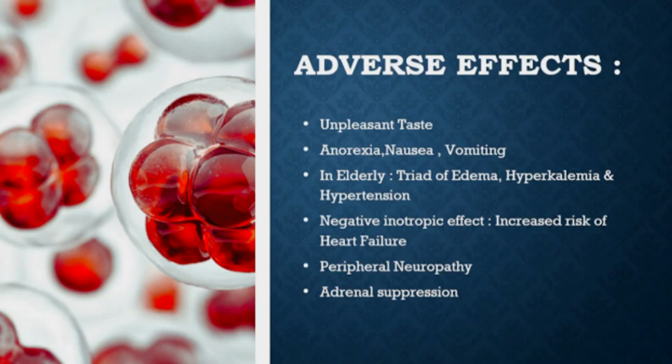Some adverse effects which we all should be aware of while prescribing itraconazole. It has an unpleasant taste, mainly the tablet formulation as well as the oral suspension. Anorexia, nausea, vomiting. In the elderly, it can cause a triad of edema, hypokalemia and hypertension. The most important thing here is a negative inotropic effect, so it has an effect on our cardiac function.